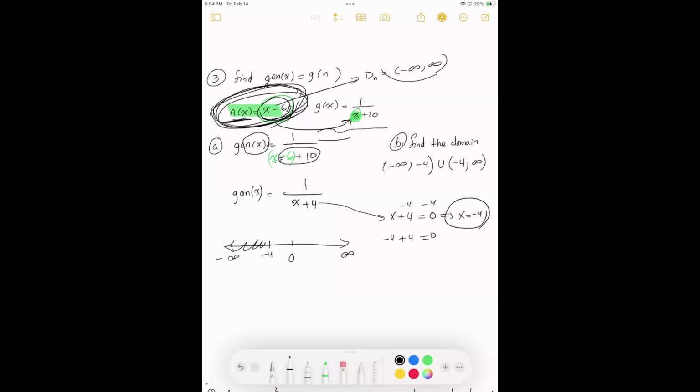Then everything before negative 4 and everything after negative 4 is okay. To write that, you start from negative infinity, go to negative 4, and you can't have negative 4, so you put parentheses. Then you pick up everything after negative 4 to infinity. You always put parentheses for negative 4 because you don't want it.